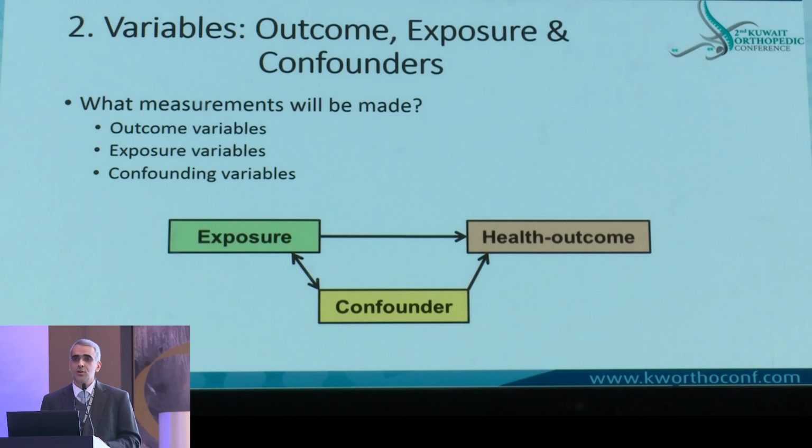Failure to account for confounding variables in epidemiology or clinical studies will lead to biased estimates of associations, or wrong conclusions about the relationship between the exposure and the outcome. So there are 3 things to keep in mind when planning: a working definition of our outcome variable, exposure variables, and confounding variables.